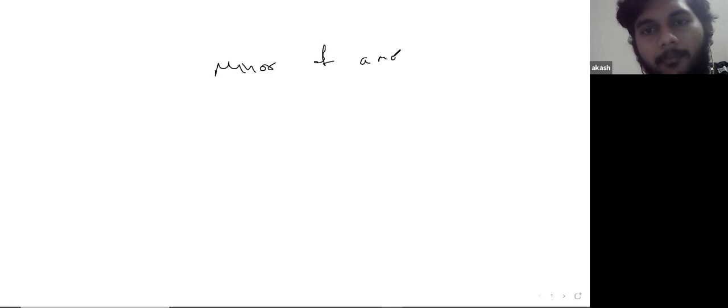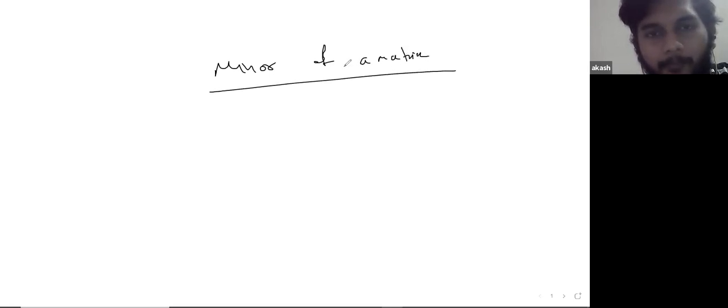Now calculating the inverse of a 3 by 3 matrix. To calculate that, first we need to know what the minor of a matrix is. What does minor of a matrix mean?